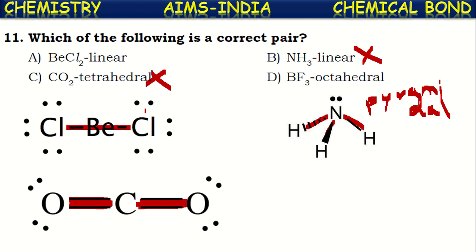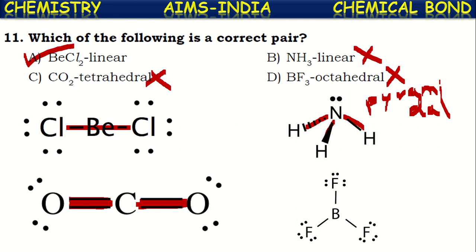Tetrahedral is mentioned, which is wrong, isn't it? And the BF3 molecule: the central atom boron has three bond pairs and no lone pairs, and hence it gets a trigonal planar shape. But it is mentioned here as octahedral shape. Only the BeCl2 linear combination is correct.